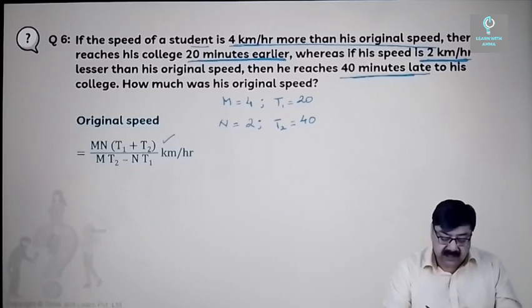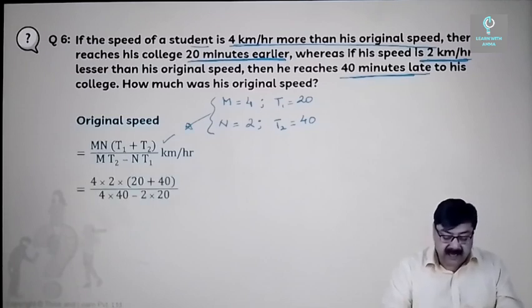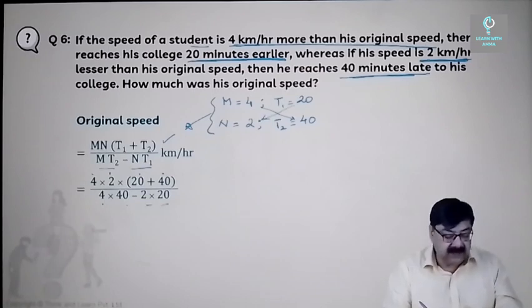So substituting these values into this formula, we get M into N, that is 4 into 2, into T1 plus T2, that is 20 plus 40, over MT2 minus NT1, that is 4 into 40 minus 20 into 2, as is given here.